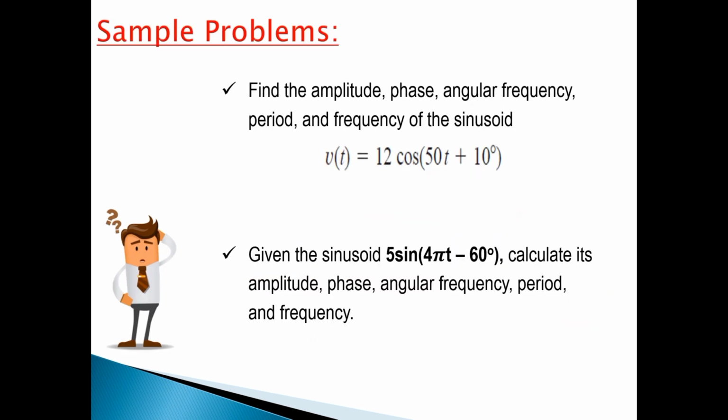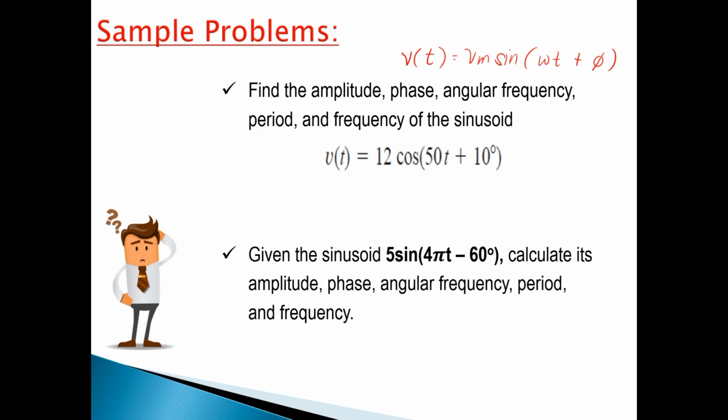Now let's consider the sample problem. Find the amplitude, phase, angular frequency, period, and frequency of the sinusoid v of t equals 12 cosine of 50t plus 10 degrees. From our formula a while ago, v of t is equal to Vm sine or cosine of omega t plus phi, where Vm is the amplitude.